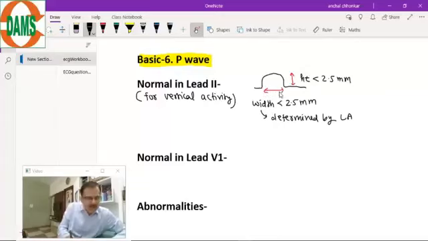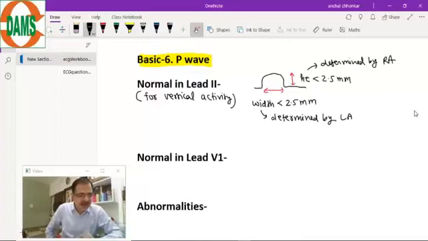The width of the P wave is less than 2.5 and it is determined by the left atria, while height is less than 2.5 and it is determined by the right atrial activity.